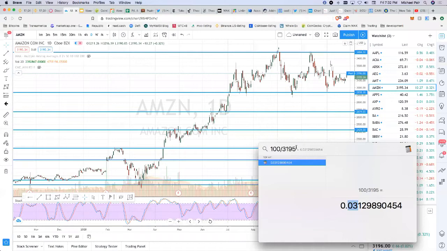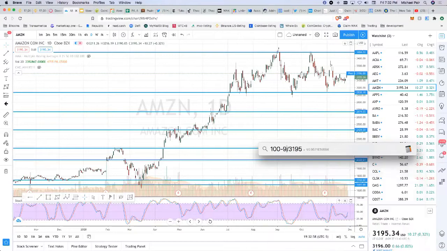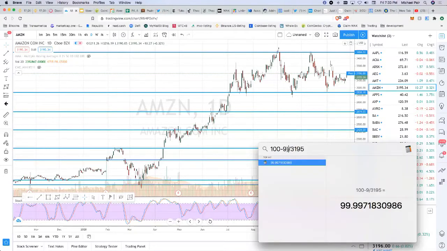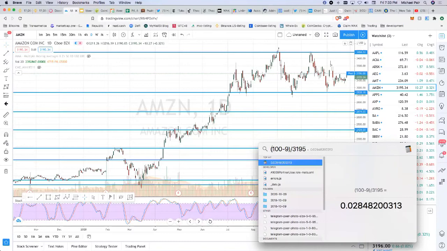Say a year or two ago, or even longer, this wasn't even possible because they didn't offer fractional shares. And on top of it, you had to pay commissions, and commissions will eat up your money. So if you're putting $100 in here and trades are like $9, then instead of 0.03 you're talking about 0.028.